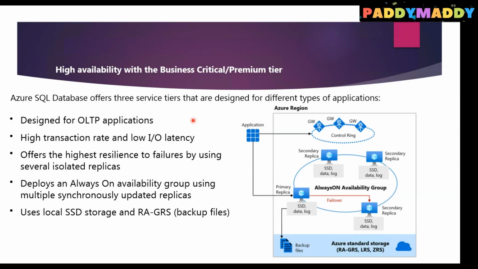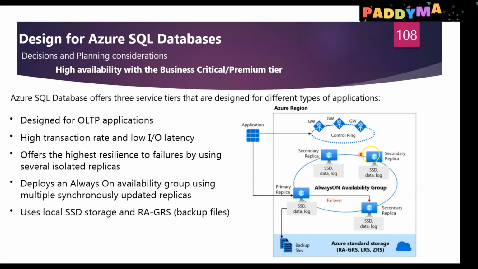But if you look at Business Critical, we have a pool of availability, and we utilize this when you have low latency requirements, because if you look here, it always has a secondary replica, at least in a read-only mode. So if something goes wrong, it's going to fail over to the other server, and it is always available. So this gives you very low latency and the highest resilience to failure. Even if more than one goes down, the other two are available in this case.